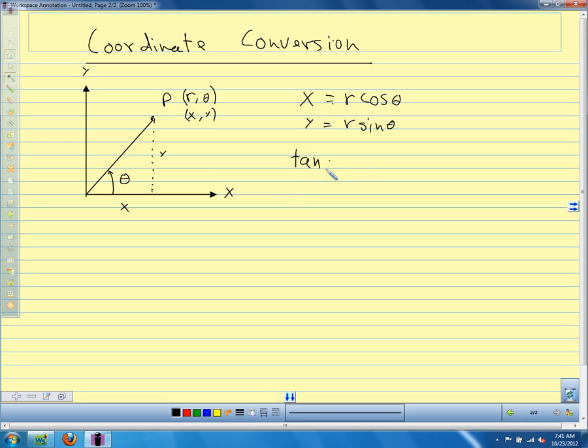Inverse tangent, so tangent theta is y over x. And our radius, what's our relationship for our radius with x and y? r is the square root of x squared plus y squared, or r squared equals x squared plus y squared. And these are true for any r. So these are the formulas that we use for our coordinate conversions.